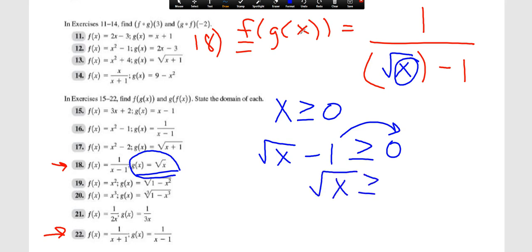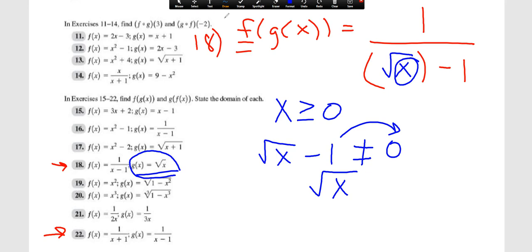So now, if you take the denominator, oh, wait a sec. What's wrong with that? I just wrote something wrong, didn't I? What did I write wrong? The denominator cannot equal 0, right? I should have had not equal to 0, right? Totally my fault.